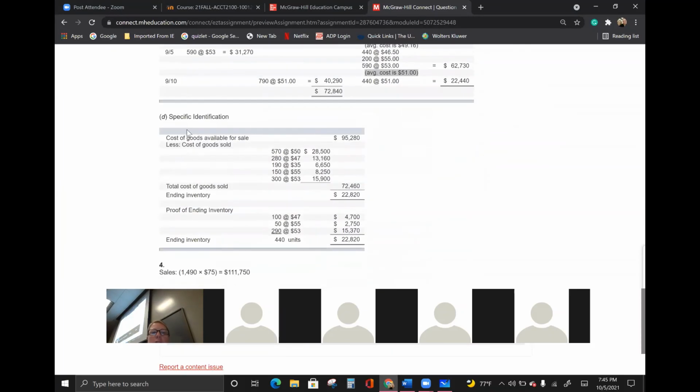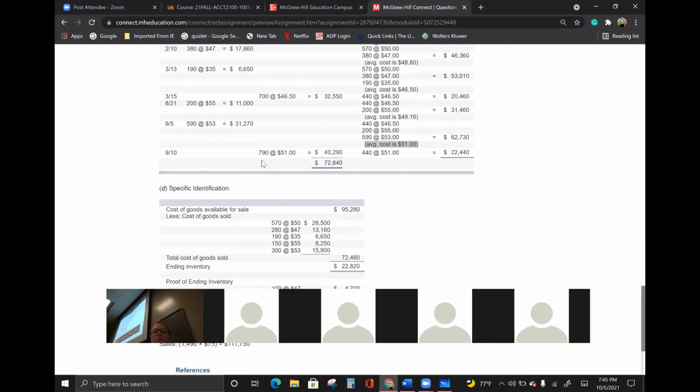All right, so here's my cost available. So all I'm doing is saying, okay, here's all my units that I had available. And then I'm going to say, what did I sell? It just told me how many units from each batch I sold. So here's the calculation right here. So the 570, 280, 190, 150, and 300.